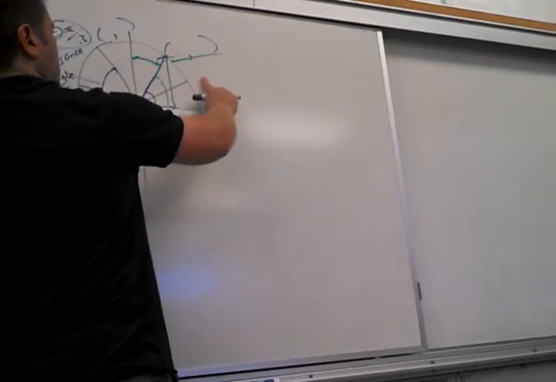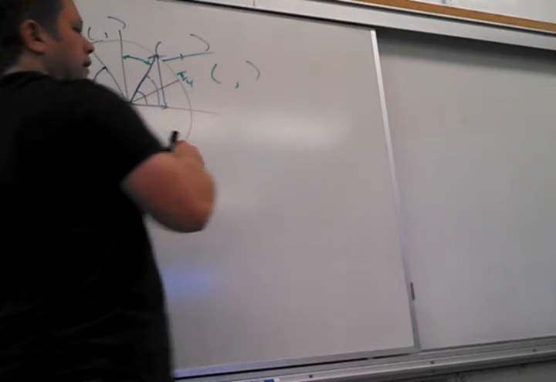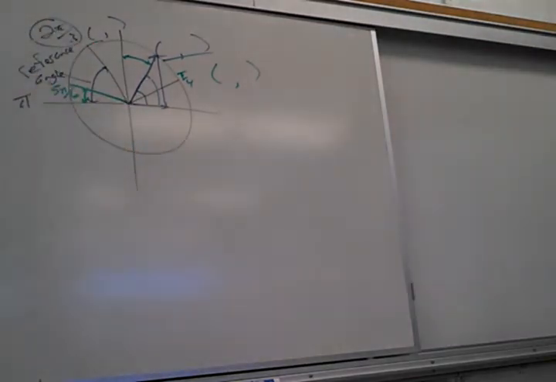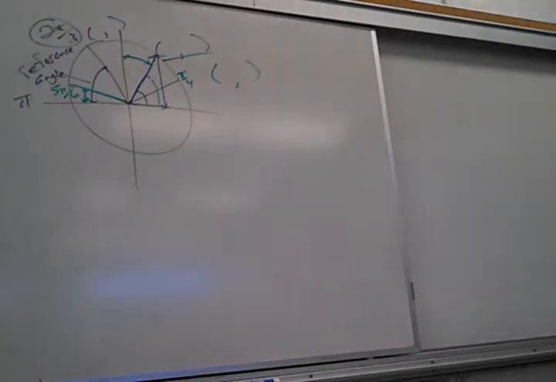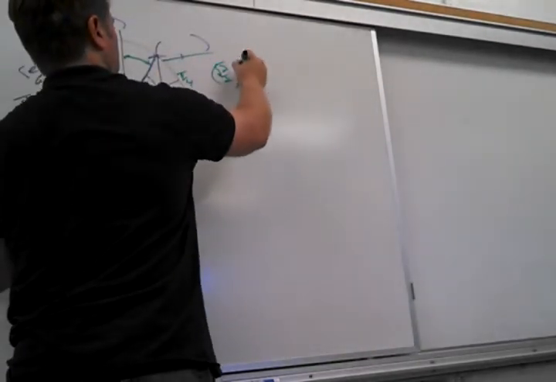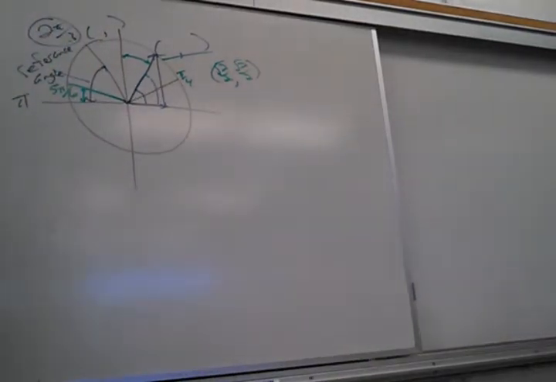So if I was at, let's see, look at your chart. Tell me what pi over 4 is, and why it makes sense. 45 degrees. What's the point? Root 2 over 2, root 2 over 2. Good. And why does it make sense it would be the same at 45 degrees?